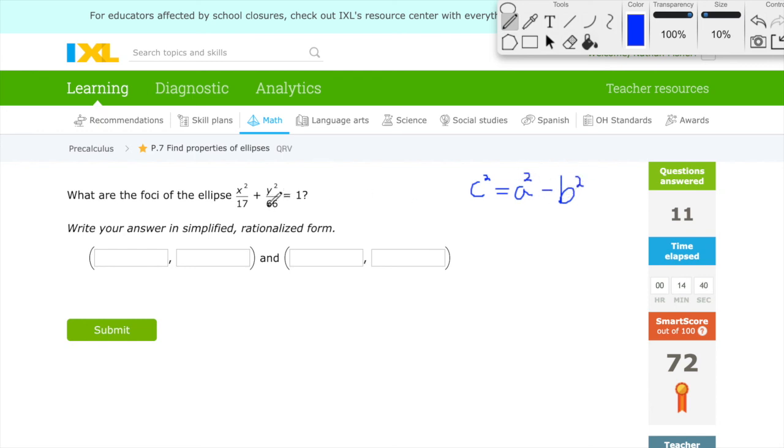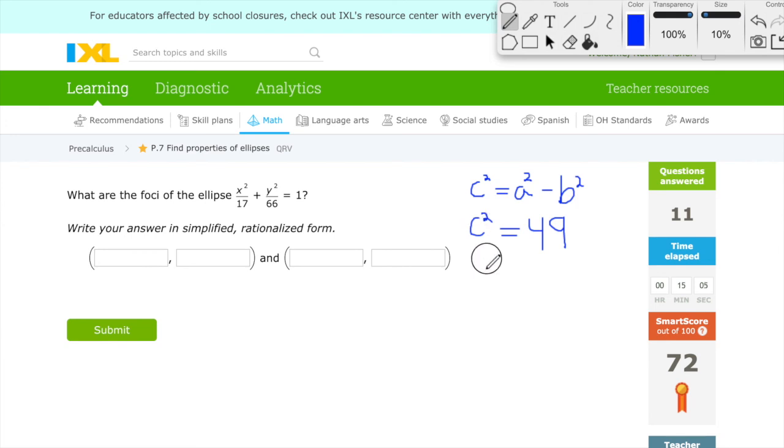This is already a squared. This is already b squared, so we don't have to do any additional math. So I would do 66 minus 17 and get 49. So I would say c squared equals 49.